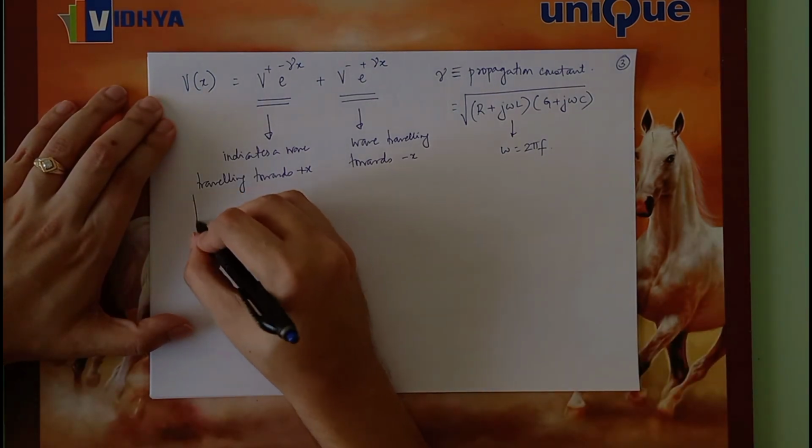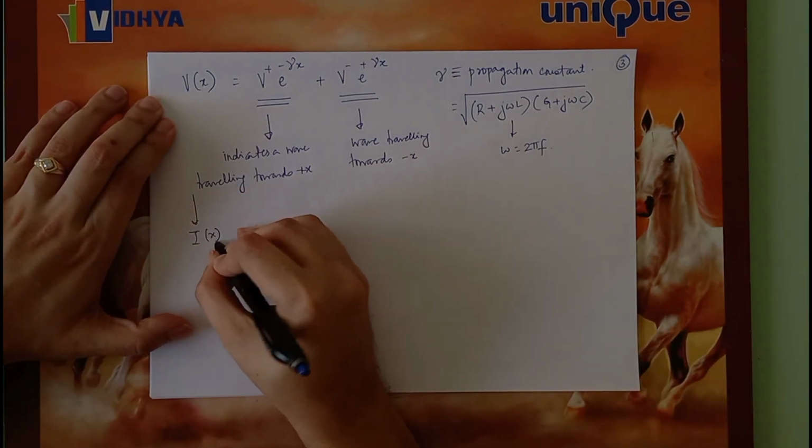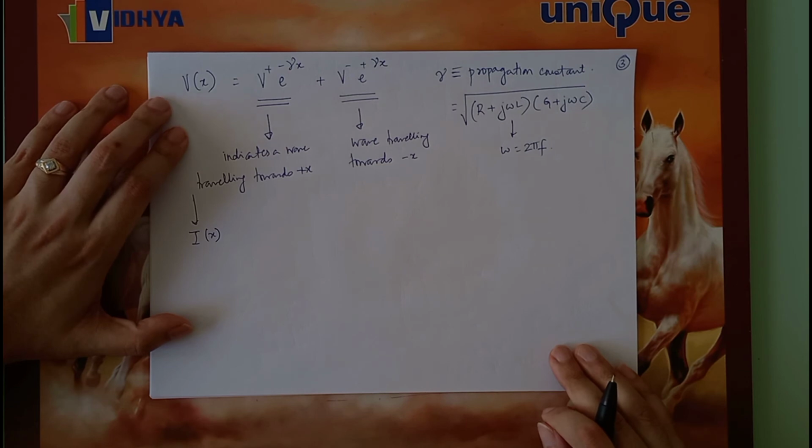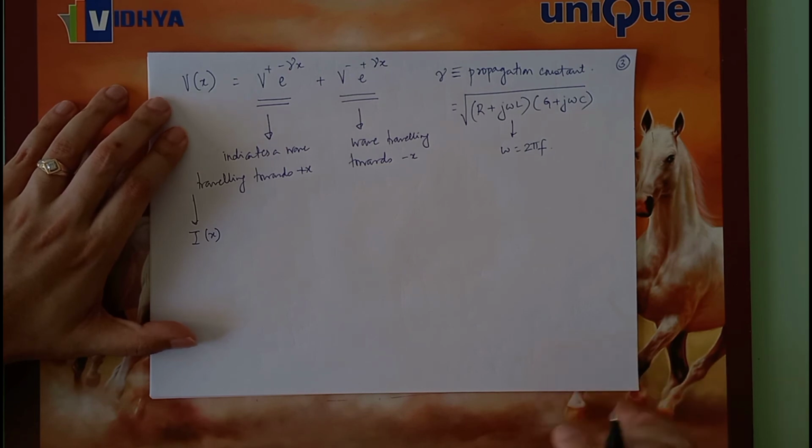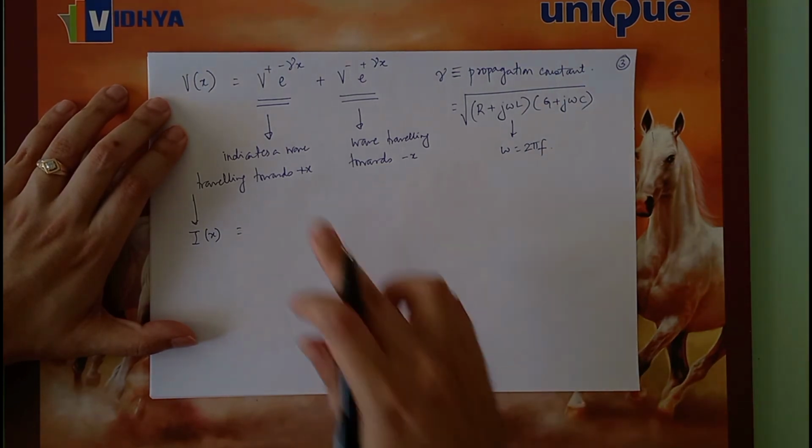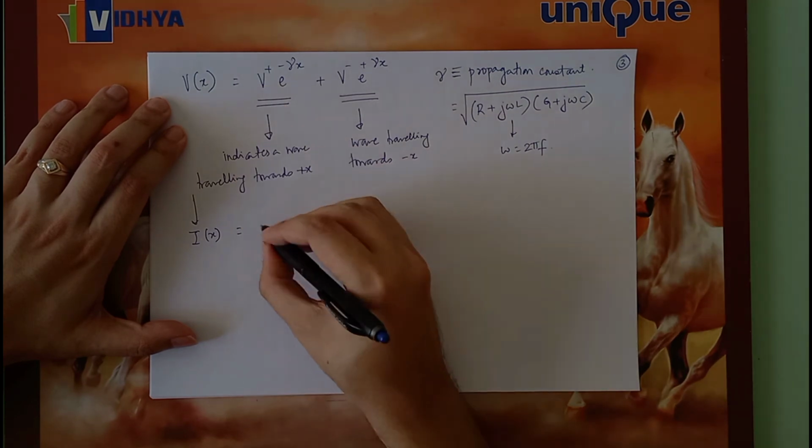Likewise, if you solve for the current, again, what I am saying here should be a recapitulation of what you have learned in your waves courses. And this is a modification of this expression.